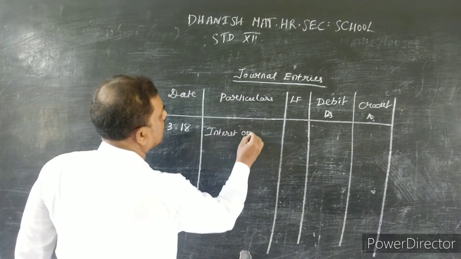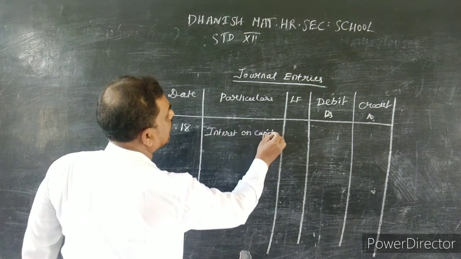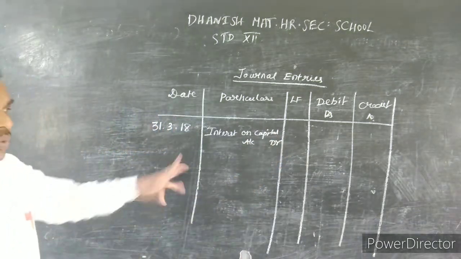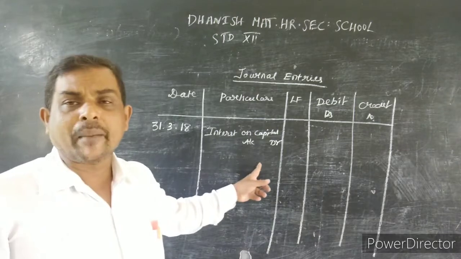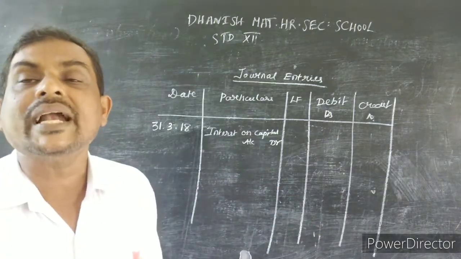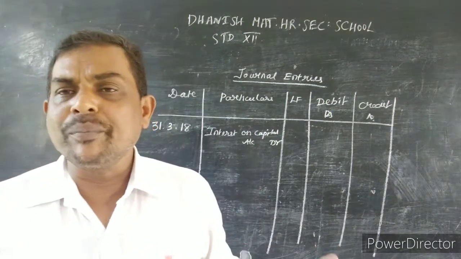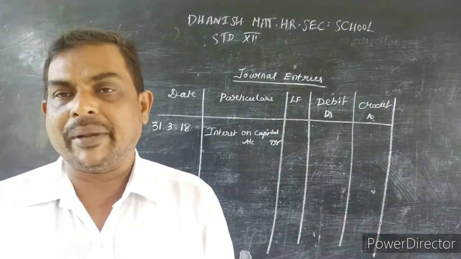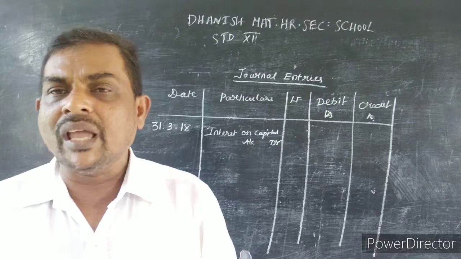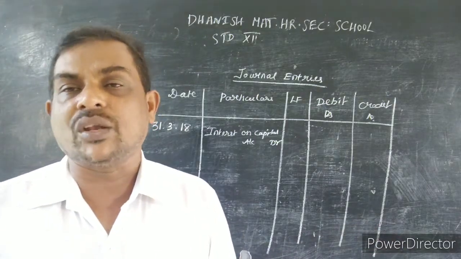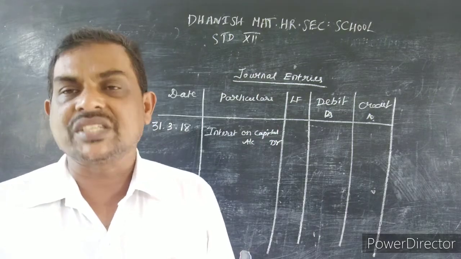Interest on capital account debit. This interest on capital goes to whom? Partners' capital account or current account. Capital account means they follow the fluctuating capital method. Current account means they follow the fixed capital method. But here the current account is given, so definitely they are following only fixed capital.